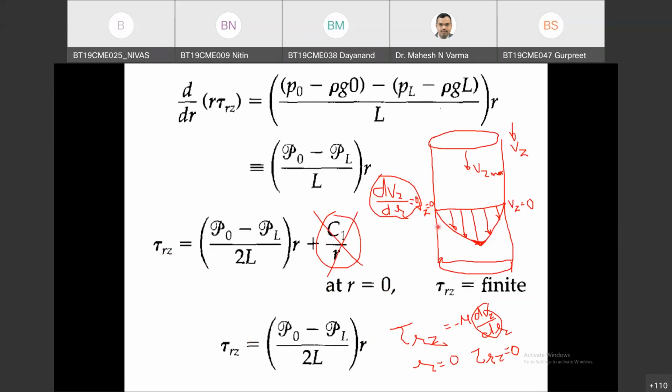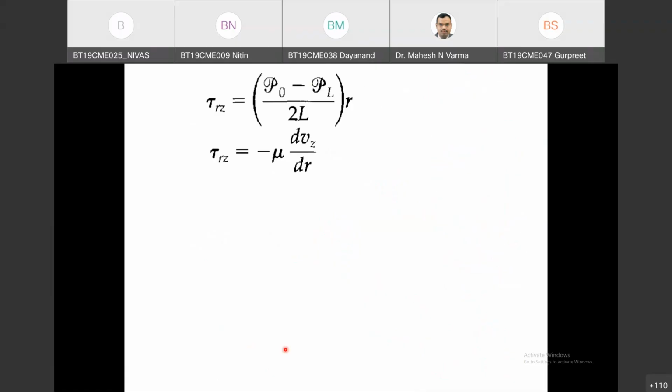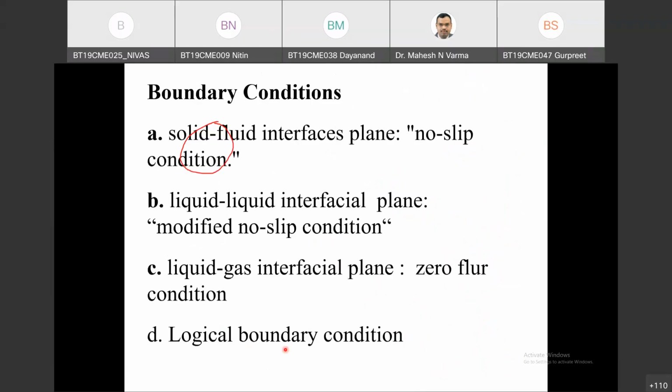In turn, if you are very good at imagining the velocity profile and mathematics, you can use this boundary condition also at r equals 0, tau rz equals 0. Both will give you the same model equation for the flux profile. Once I have this, I can use Newton's law of viscosity, integrating this equation and using the no slip boundary condition.